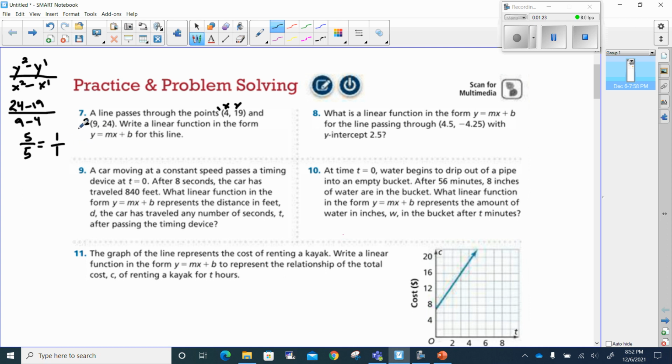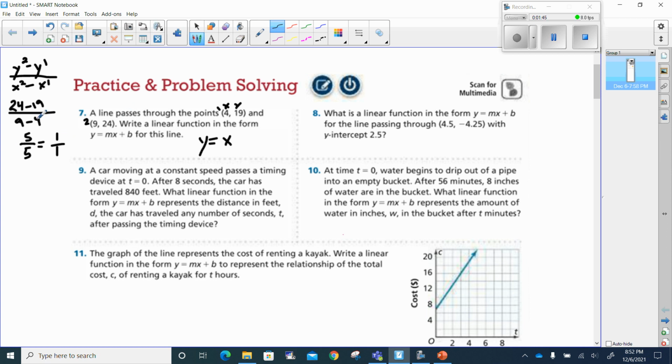Now that I know that, I can go ahead and solve this. Because I know if I'm going 1 over 1, my rate is going to be y equals, well, that's going to be x. And then we have, where am I going to be at 0?